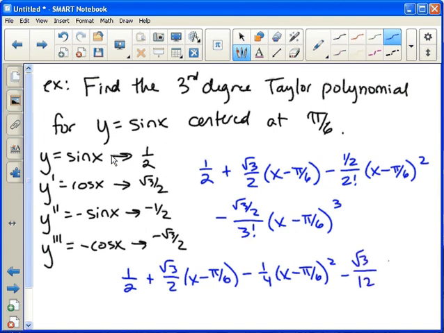So that would be the third degree Taylor polynomial for sine of x centered at pi over 6. Again, what we're doing here is we're using a polynomial to estimate what sine of x does around pi over 6.